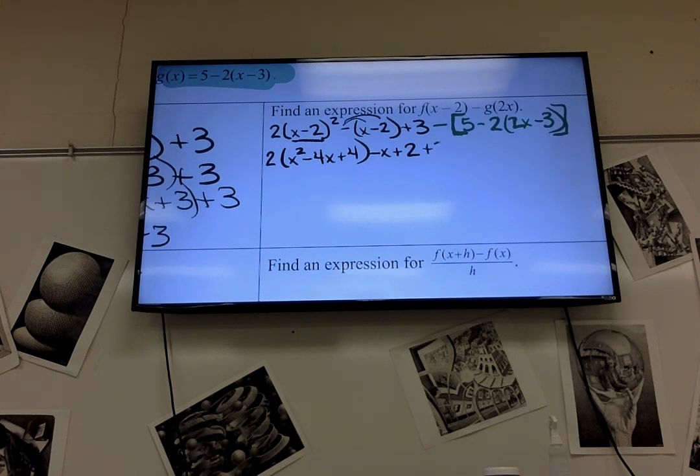Then plus 3. Now I'm going to leave these in brackets for now. And I'm going to distribute the minus 2. So negative 2 times 2x is negative 4x. And negative 2 times negative 3 is positive 6.